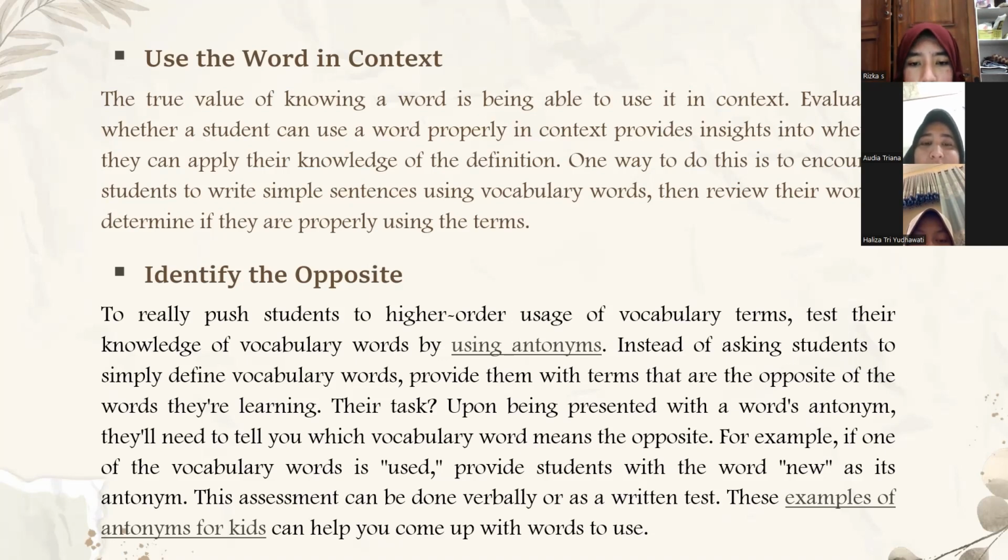Their task, upon being presented with a word's antonym, is to tell you which vocabulary word means the opposite. For example, if one of the vocabulary words is old, provide students with the word new as its antonym. This assessment can be done verbally or as a written test. These examples of antonyms for kids can help you come up with words to use.